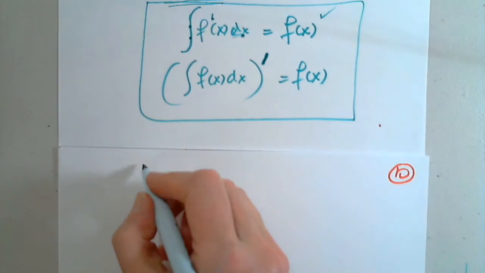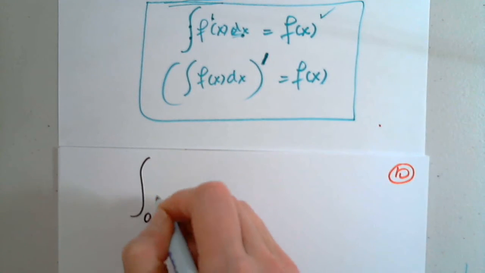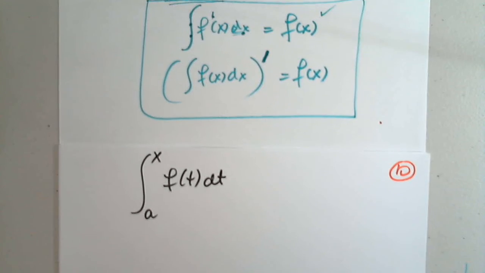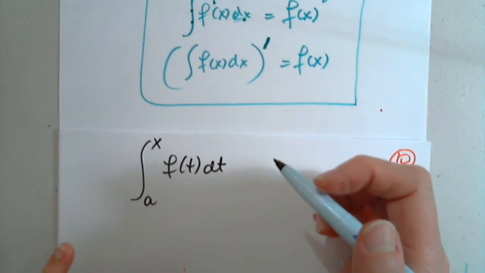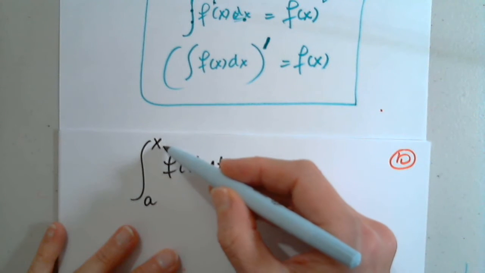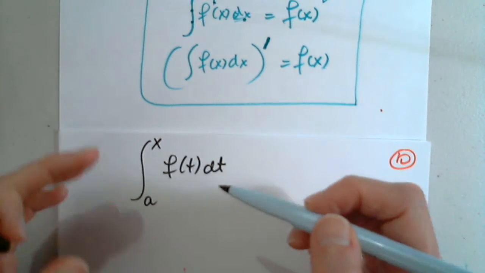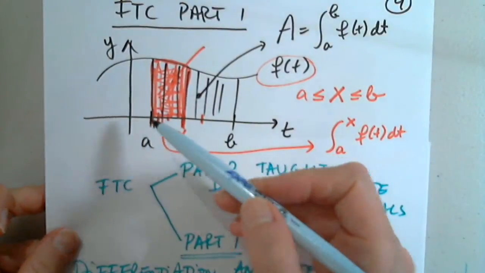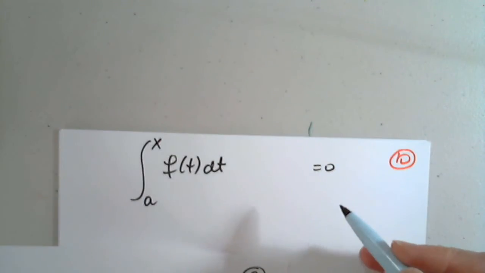So now we have this on our hands. The integral from a to x of f of t dt. Good. So what does this represent? This is not a number. So if this x is a, you will say you get 0.